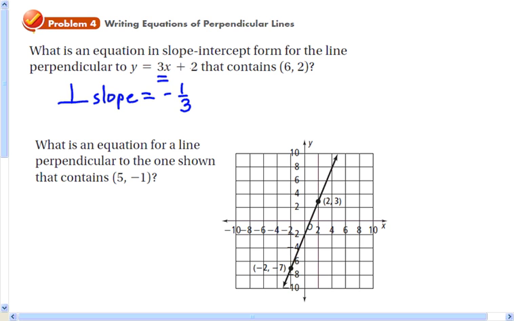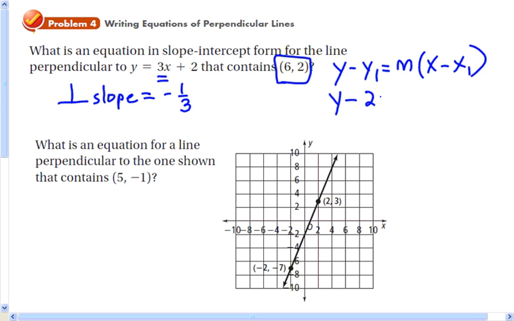So I have a slope of negative 1/3, and I want it to go through this point. So I'm going to use point-slope form and just substitute in the values. y minus 2 is equal to negative 1/3 times the quantity x minus 6.